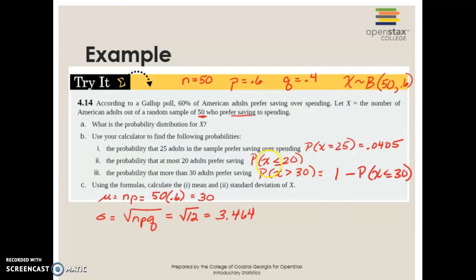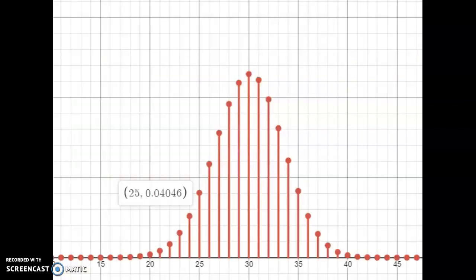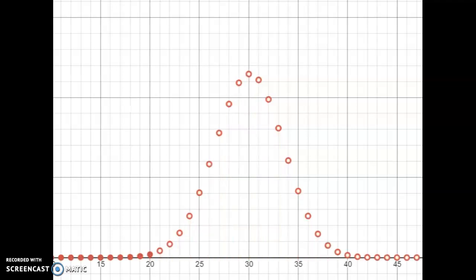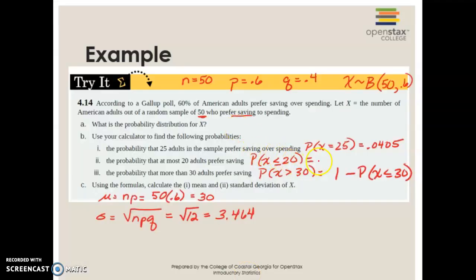For the second one, the probability that X is less than or equal to 20, that's where on Desmos you go up here and you make your max 20. And that is 0.0034. So 0.0034.